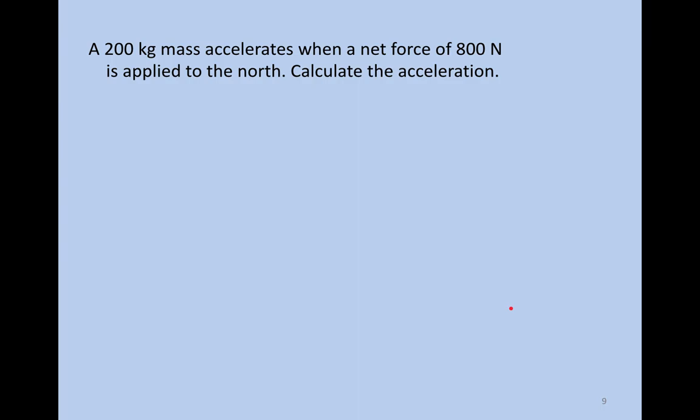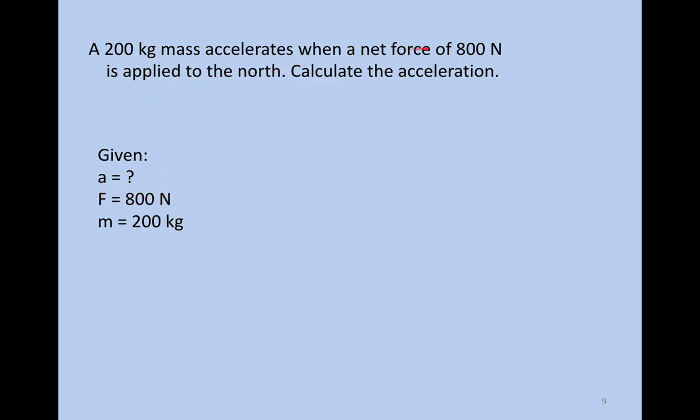Our next question is as follows. We have a 200 kilogram mass. It accelerates when a net force of 800 newtons north acts on it. Calculate the acceleration. It wants us to calculate acceleration, so our formula will be an a equals formula. The force is 800 newtons.